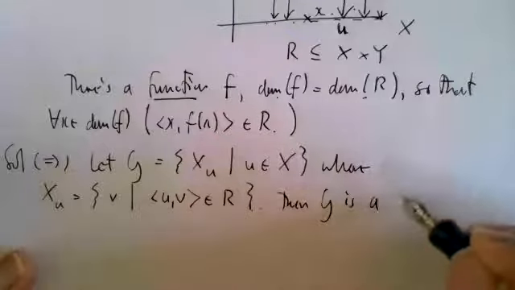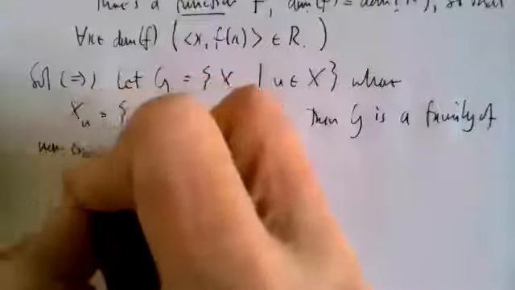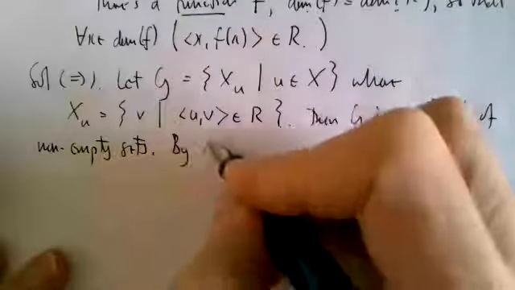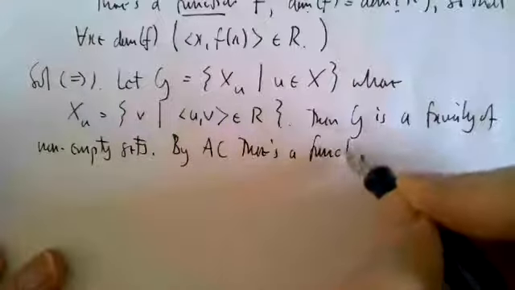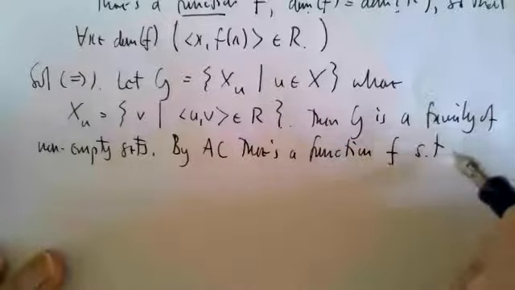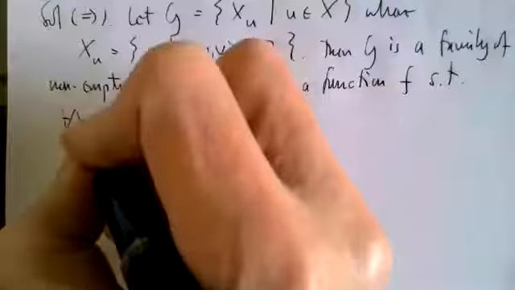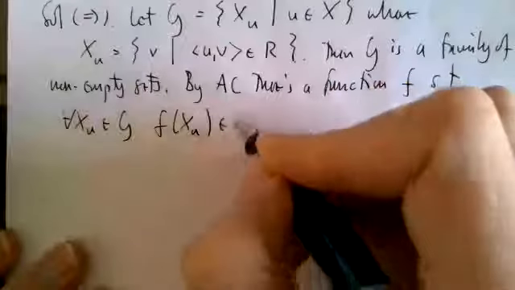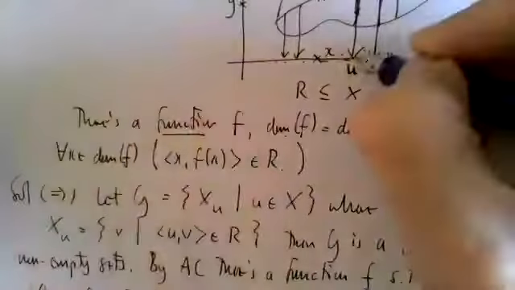Then G is a family of non-empty sets. By AC, there's a function f such that for any XU in G, f of XU is a member of XU. So what is that doing? For each U, it's picking out a V here.